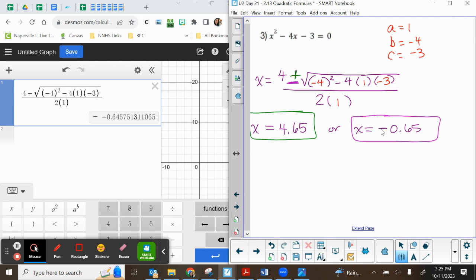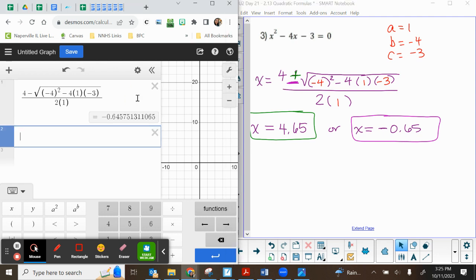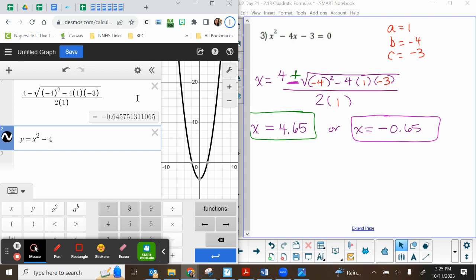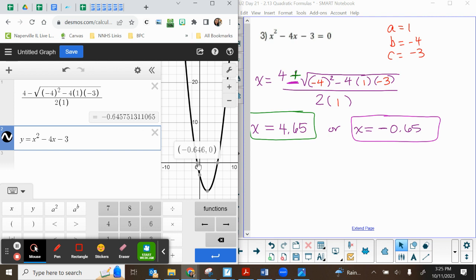This is a quadratic, so remember, I should get 2 answers because there's 2 spots where it hits the x-axis. So you can see the 2 spots are negative 0.646 or 0.65 and 4.646 or 4.65.